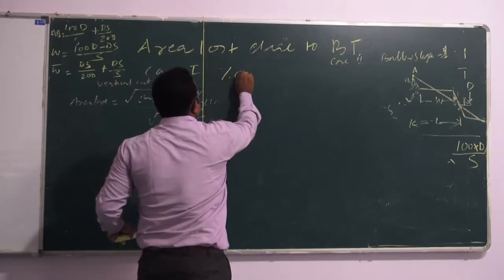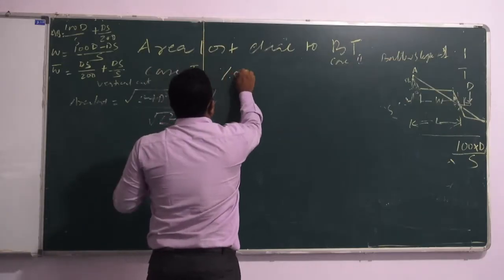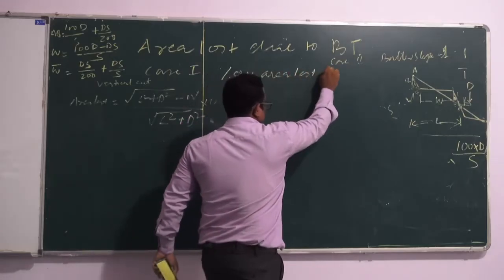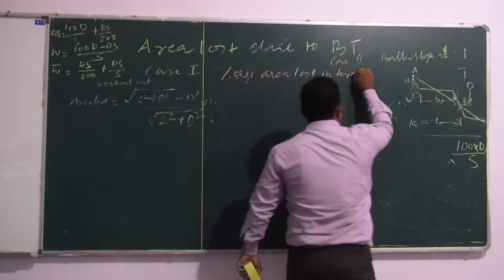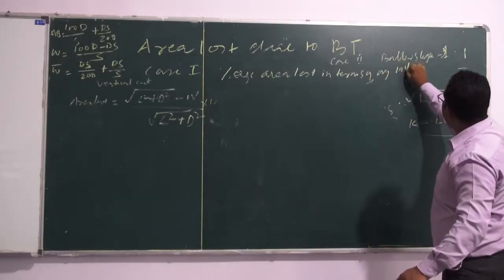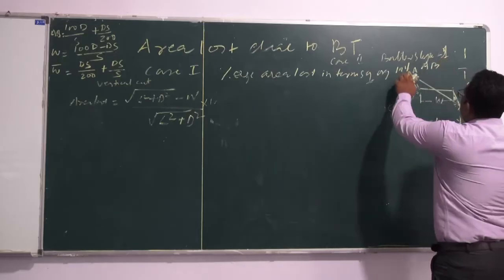This percentage area lost in terms of original inclined AB.